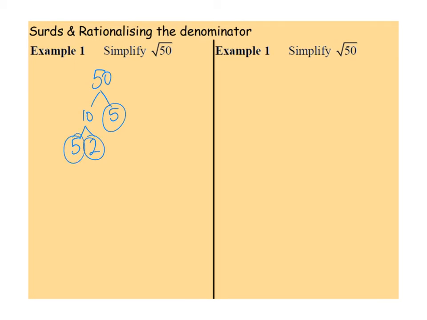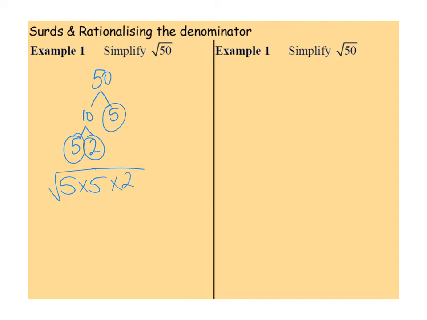So what I'm being asked to simplify is the square root of 5 multiplied by 5 multiplied by 2. You can see here that 5 times 5 times 2 is 50, so this is the same as the original question.